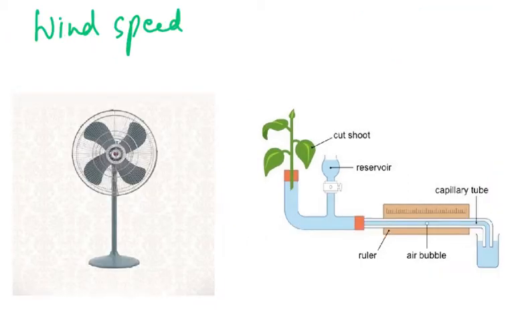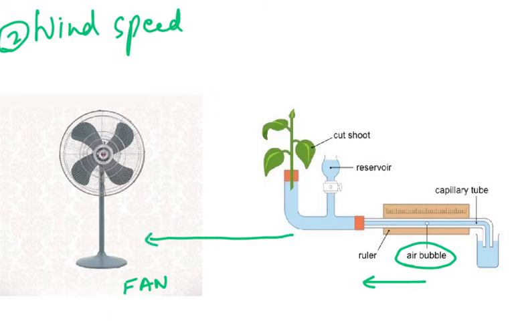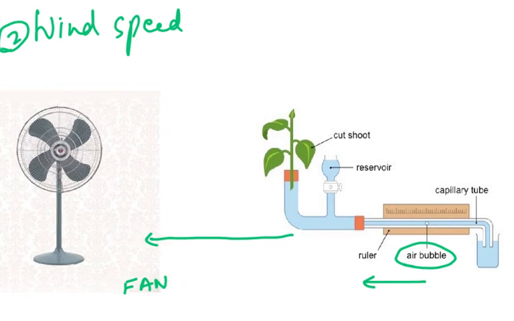Now the second factor that we need to investigate is wind speed. For that, of course, we will need a fan. I know you might not approve of this fan of mine because it's facing you rather than facing the potometer. So you would measure the movement of the air bubble using a fan. You can, of course, change the distance of the fan. You can move it a little away, or you can move it nearer.